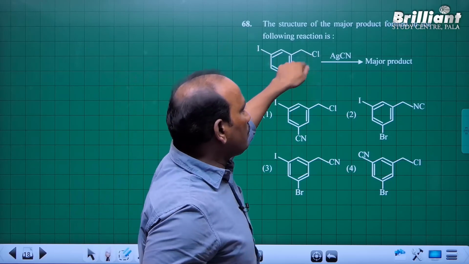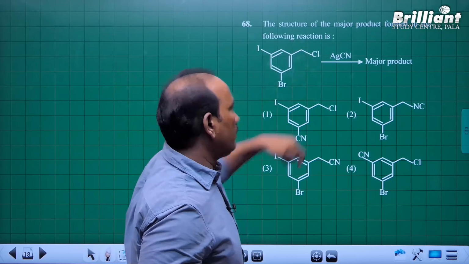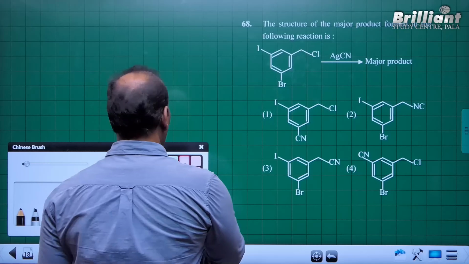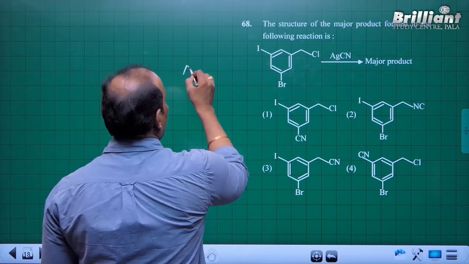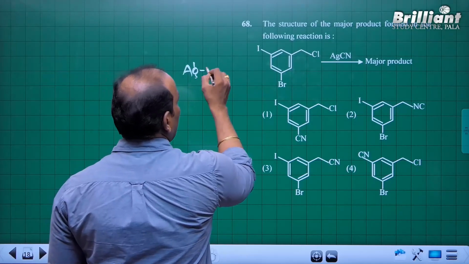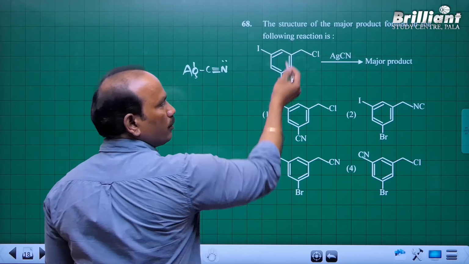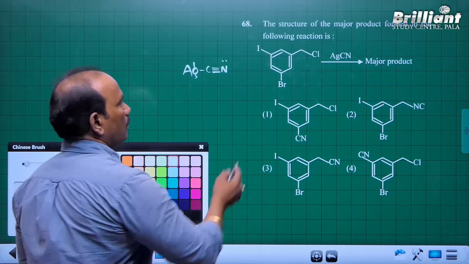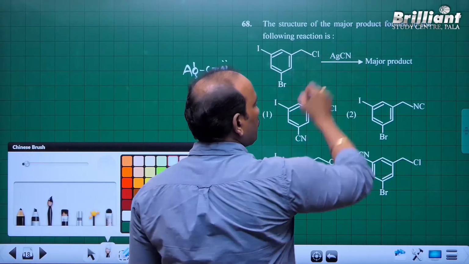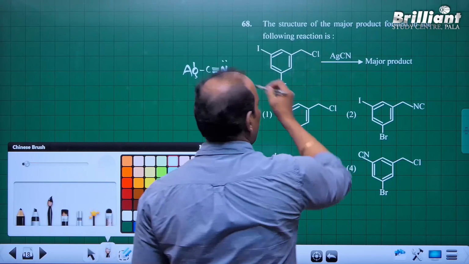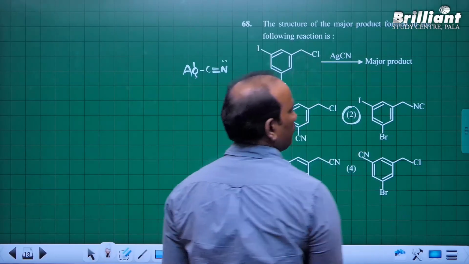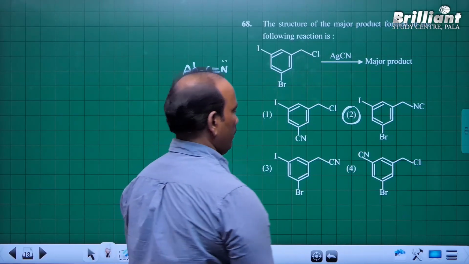Now here the cyanide is a covalent compound, AgCN, with C triple bond N. This lone pair is donated, so this group is replaced by NC. Option is this one.